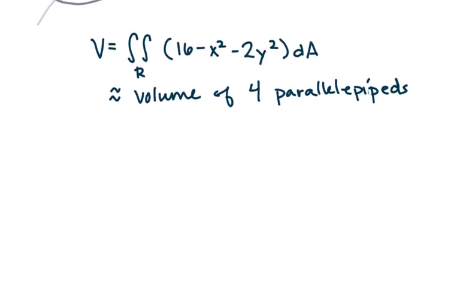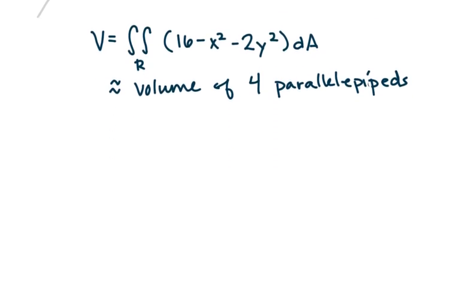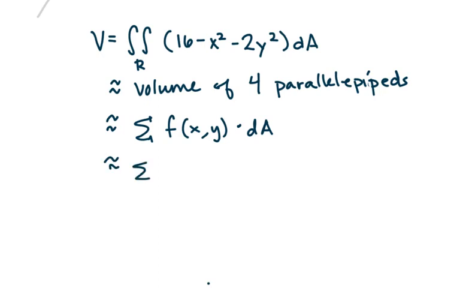So what would that mean? That's going to be approximately the sum of those outputs, those f of x, y outputs, my z ordered pairs, times that area of each of those bases. Or in more layman's terms, my sum of all my heights times my base area.